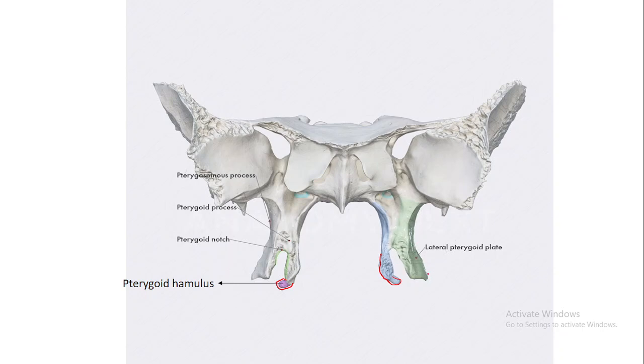The lateral surface of the lateral pterygoid plate forms the medial wall of the infratemporal fossa. When we saw the infratemporal fossa, we saw that the lateral pterygoid plate forms its medial wall. And the free posterior border sometimes has a projection here, which is called the pterygospinous process.